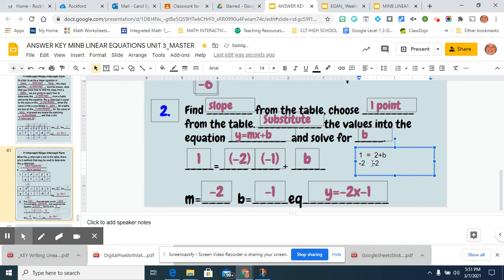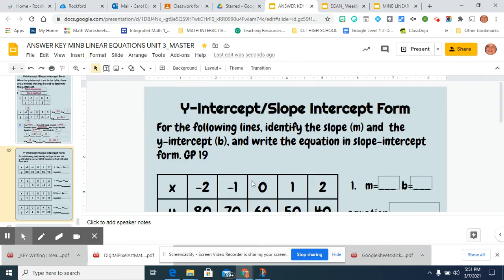And that left us with negative 1 equals b. So that was us just solving a one-step equation after we did the multiplication. So that was what allowed us to find b as well. So oftentimes when the y-intercept is what we call hidden, you'd be better off using that second method that we just talked about.